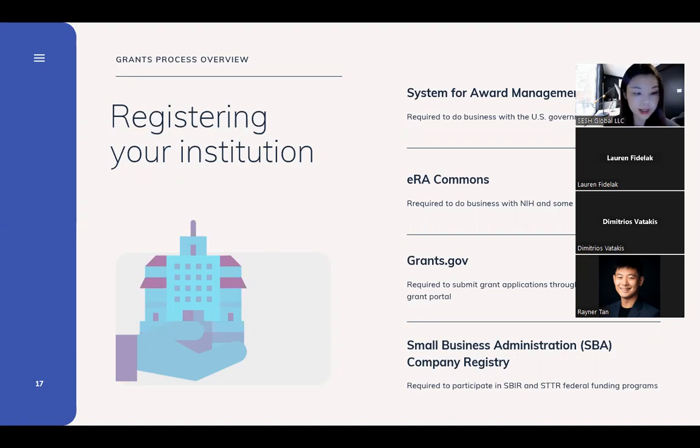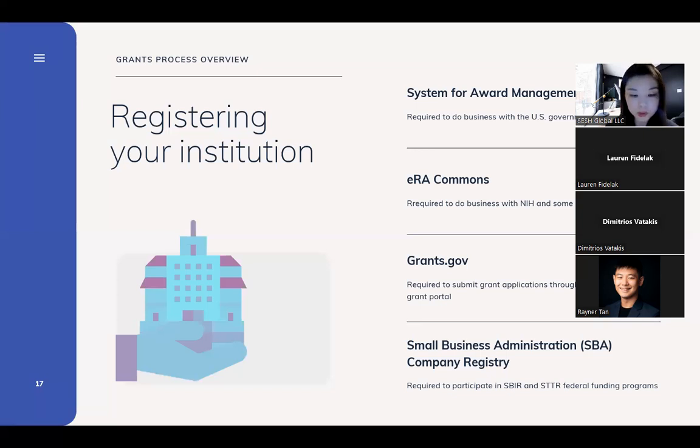As for Grants.gov, your organization information will be automatically sent from the System for Award Management to Grants.gov within 24 hours of the approval and activation of your System for Award Management account.